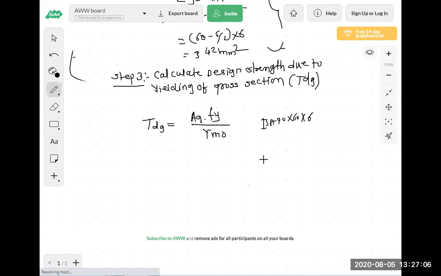At the top only, ISA 90 by 60 they have given. Then for the thickness given in our problem statement, 6 mm thickness. So 90 by 60, 6 mm, 8 mm, 10 mm and 12 mm. These are the sections available in the market. In the steel table they have given 6 mm, 8 mm, 10 mm and 12 mm.